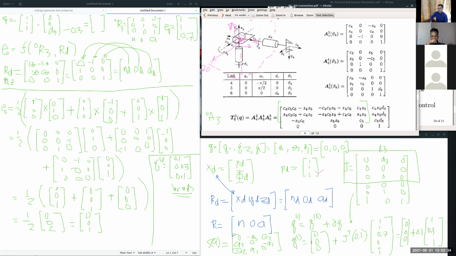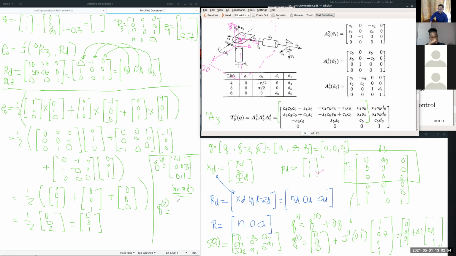So in your new step now, you have done this in machine learning. So you have Q, next step, Q2, will be that one.